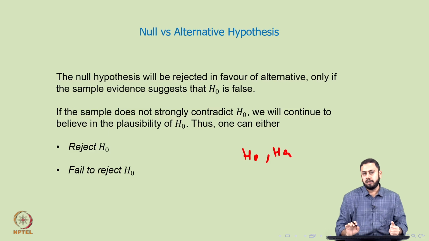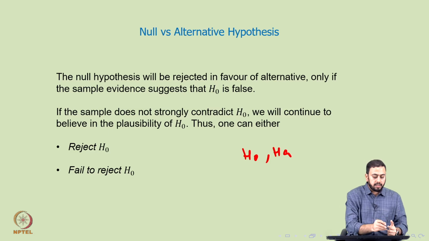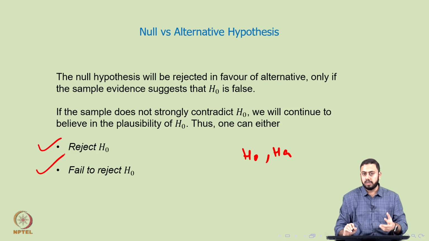Otherwise, we can't reject the null. On the other hand, if the sample does not strongly contradict H naught, we will continue to believe in the plausibility of H naught. Thus, to summarize, one can either reject the null or fail to reject the null. These are the two possibilities. So once you write down the null and the alternative hypothesis, depending on the testing procedure and the sample evidence, I can either reject the null or fail to reject the null.